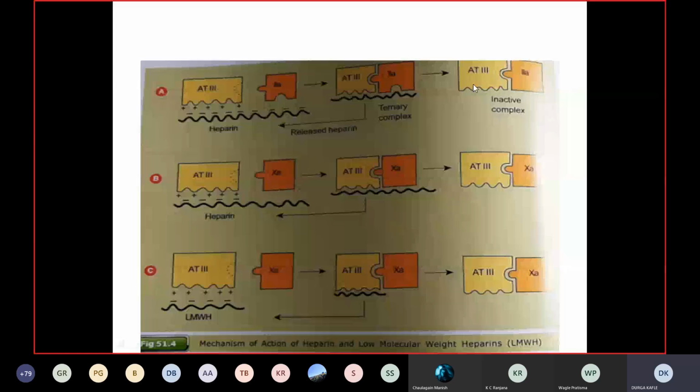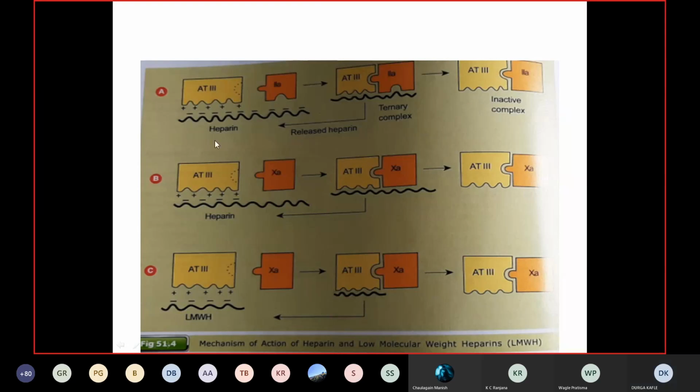When antithrombin 3 makes this clotting factor inactive, it is released from the heparin side. The heparin is released from this complex, antithrombin 3 and activated factor 2, and again it will go and bind to a new antithrombin 3. The process continues like this.